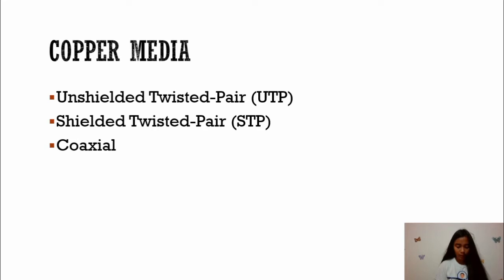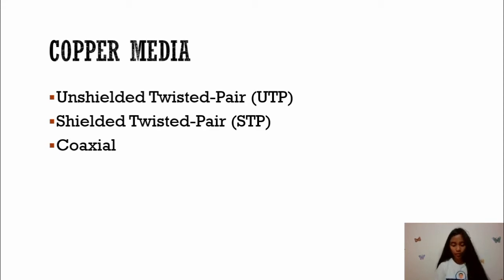It is the most common networking media, and it is terminated with RJ45 connectors. It is used for interconnecting network hosts with intermediate networking devices such as switches and routers.